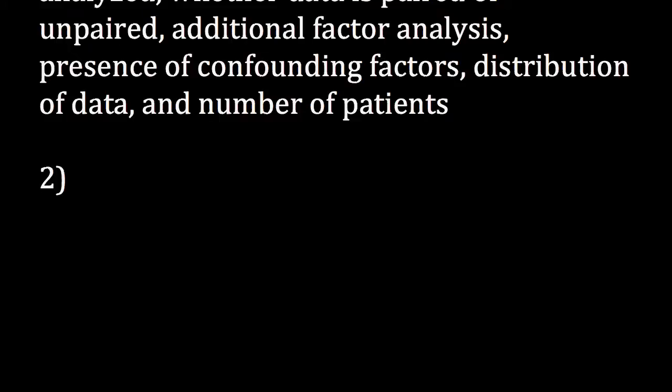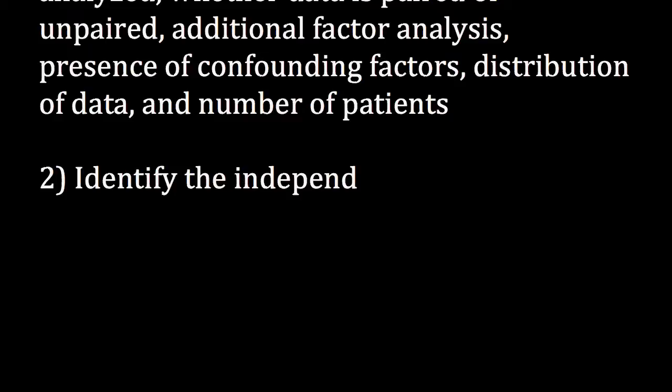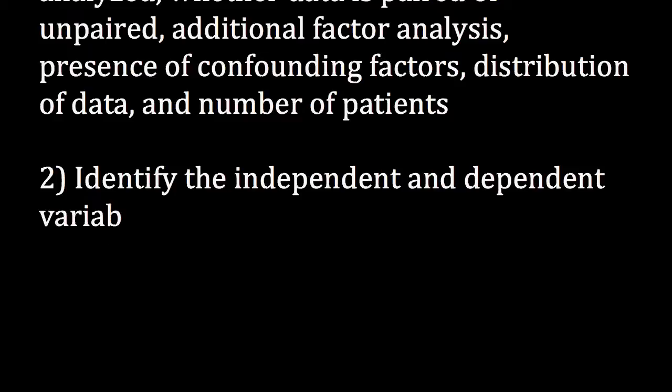So our second objective is identify the independent and dependent variable within a journal article. The independent variable is going to be the variable that affects the outcome. So this variable is typically the drug.